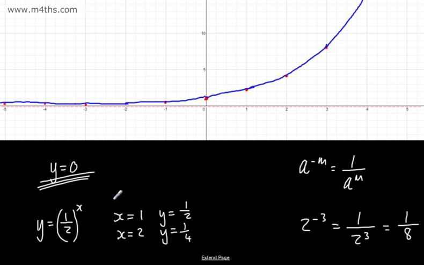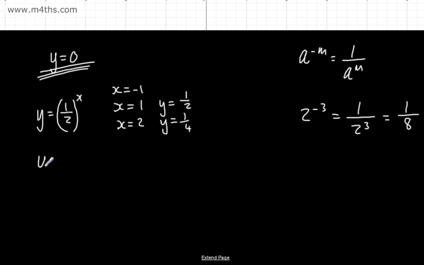If we went the other way and said that x was equal to -1, this would now be 1/(1/2). You can look at this a couple of different ways, and I'll show you a couple of different ways of doing this. We could flip this and write this as 2/1 to the positive 1 power.